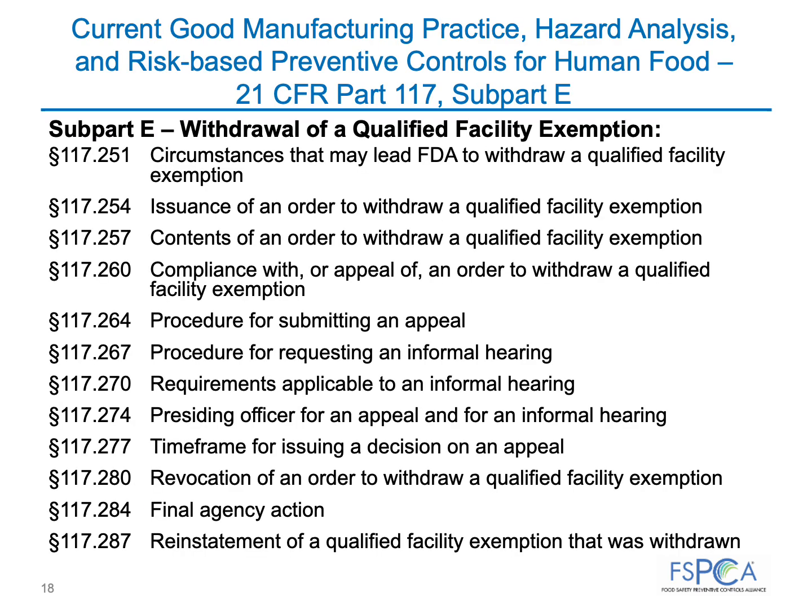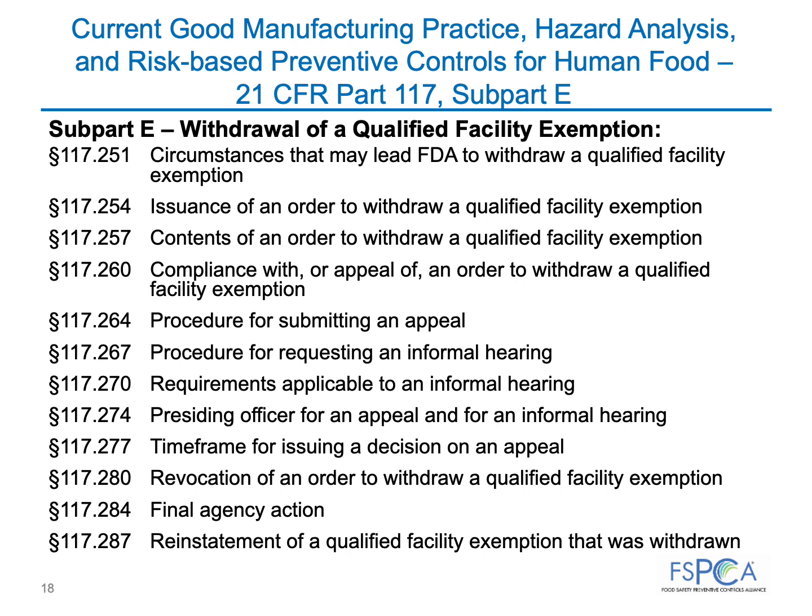21 CFR Part 117, Subpart E describes the circumstances, procedures, and requirements for withdrawing a qualified facility exemption. If the facility believes that they are a qualified facility, the facility should become familiar with the provisions for withdrawal and reinstatement of the exemption for qualified facilities.